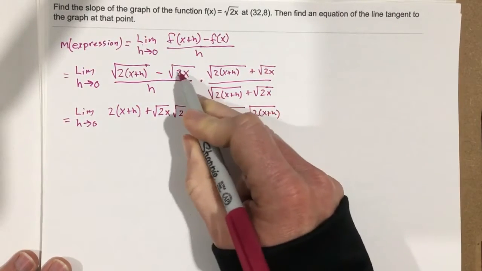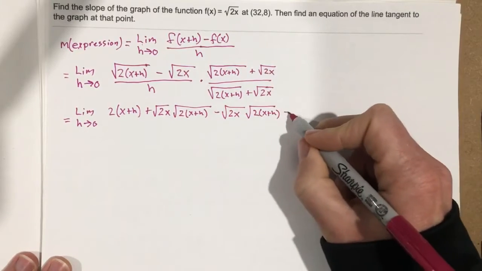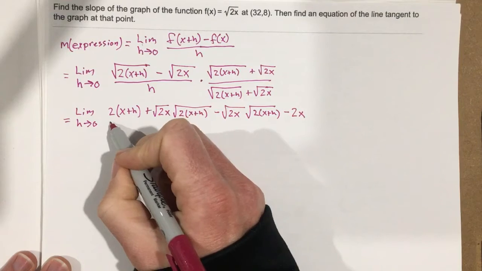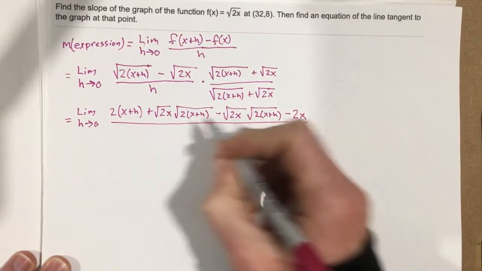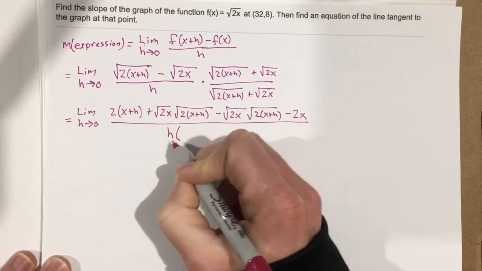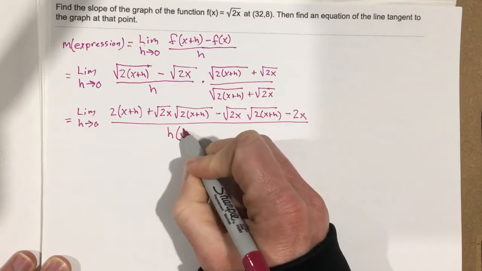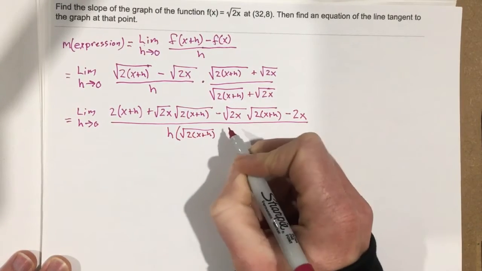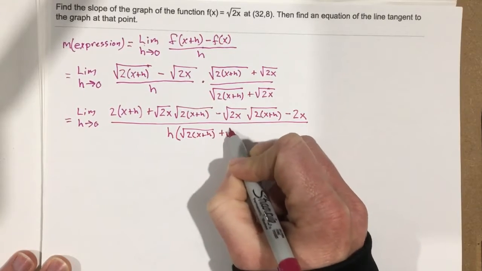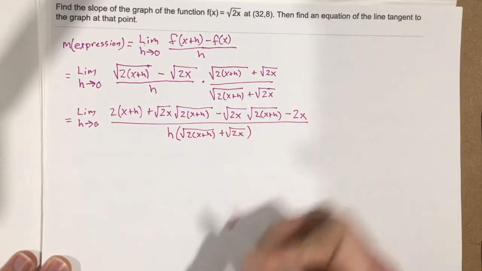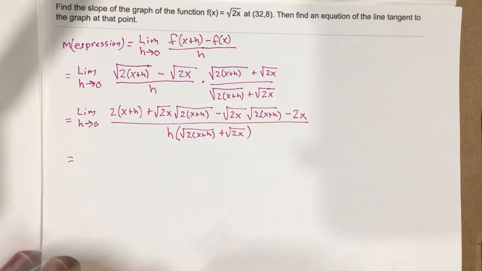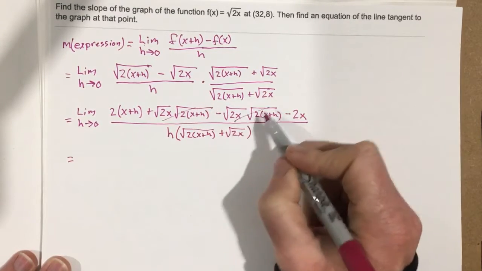And finally, I take this root times this one, and it's minus 2x because the roots cancel. So then I'm left on the bottom with, I'm just going to leave these as is because remember I'm trying to cancel h, so this is just going to be root 2x plus h plus root 2x. These in the middle cancel.